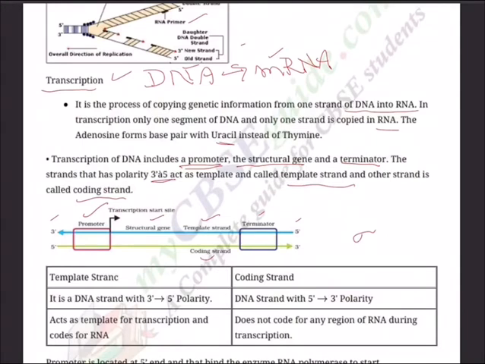Eukaryotes have 3 RNA polymerases. If you recollect, we talked about RNA polymerase 1, 2 and 3. RNA polymerase 1 is located in the nucleolus and transcribes rRNAs, that is ribosomal RNAs. RNA polymerase 2 is localized to the nucleoplasm and is used for hnRNA and mRNA.